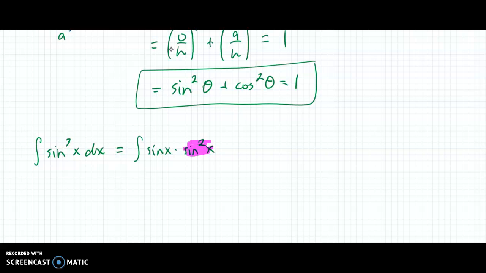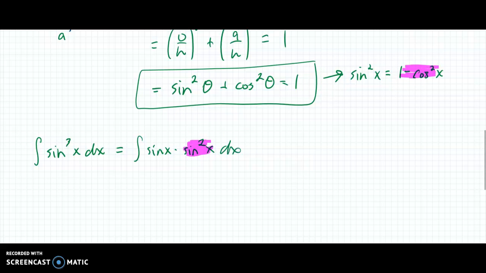What I can do is take this formula and write sine squared x is equal to 1 minus cosine squared x, replacing the thetas with x's because that's what I'm using here. And then I've got sine squared here, so 1 minus cosine squared is going to replace that.